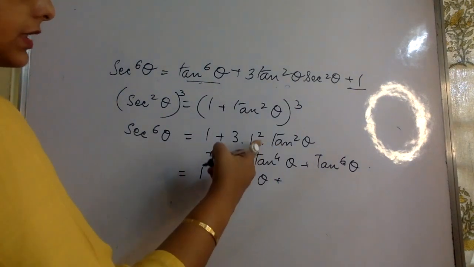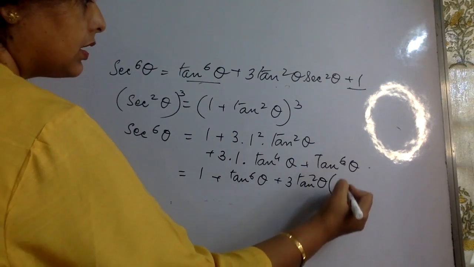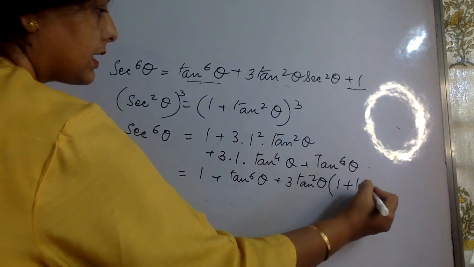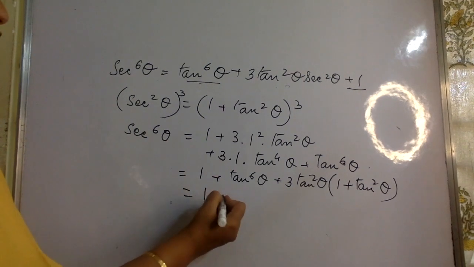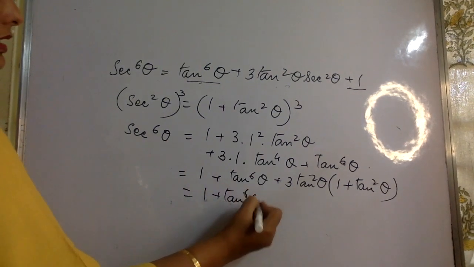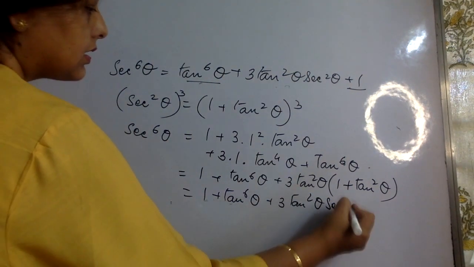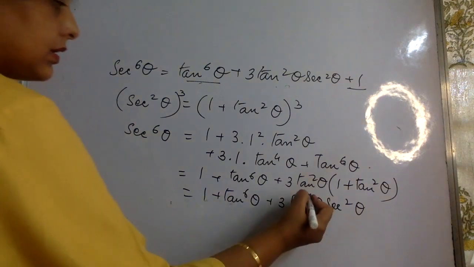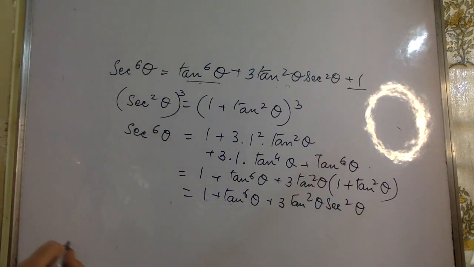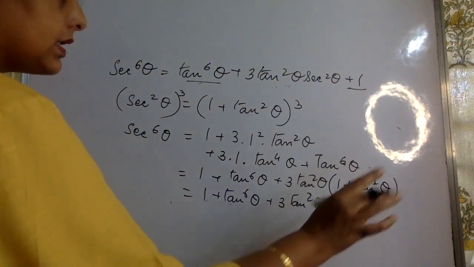From this one and this one, I'll take the 3 tan square theta common, 1 plus tan square theta. So that is 1 plus tan to the power 6 theta plus 3 tan square theta sec square theta.